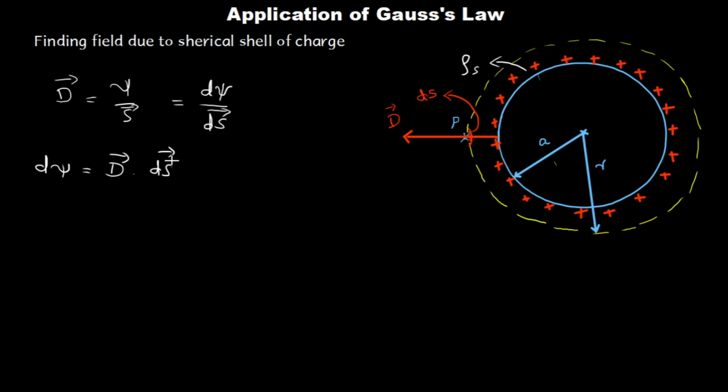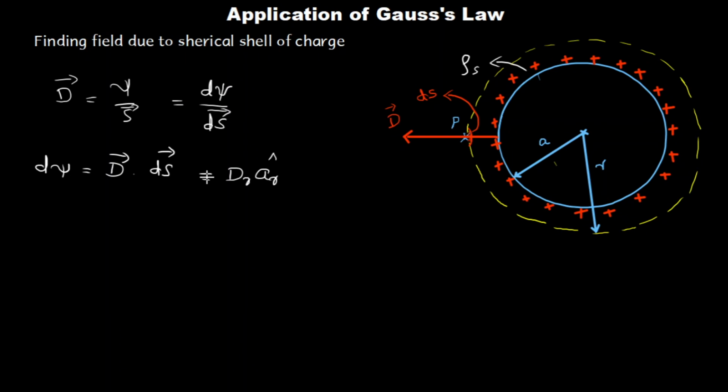Now what is D vector here, what is ds vector here? If I can substitute, I can get what is d psi. So I should go for a general approach, in the sense how to represent D vector and how to represent ds vector mathematically from the geometry of this figure. D vector is nothing but it can be written as magnitude of D and its direction. As I told you, D vector will be radially outwards from the sphere. So radial direction is represented by a r cap.